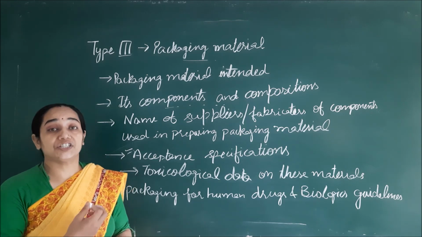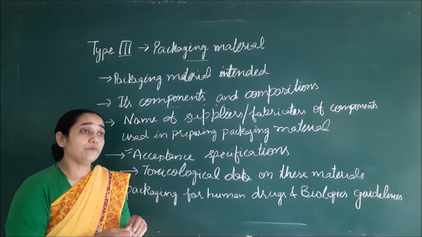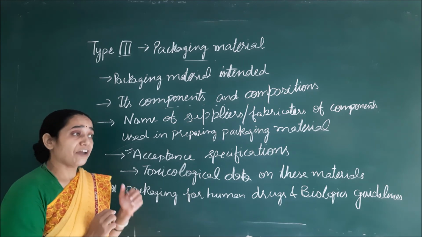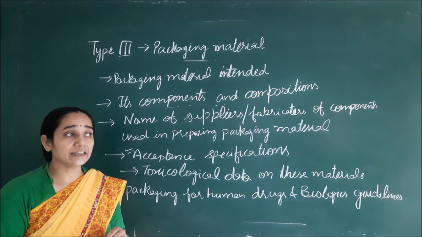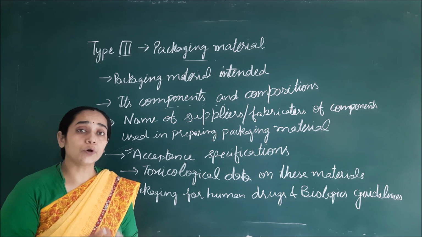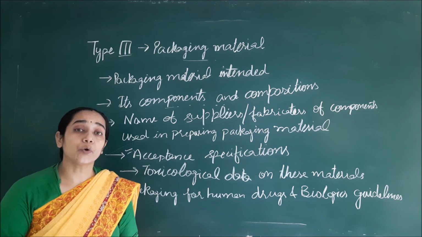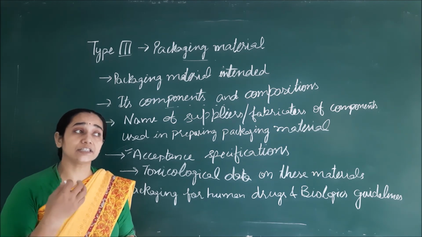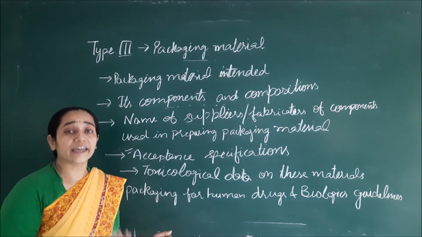the type 3 packaging material. Now, how should the type 3 packaging material DMF be written, and what should its format be? The FDA has given a format and guideline to prepare a type 3 drug master file, and has suggested that these guidelines be followed so that the drug master file can provide accurate and permissible information at a single chance, with no need for rectification, verification and overwriting again and again.